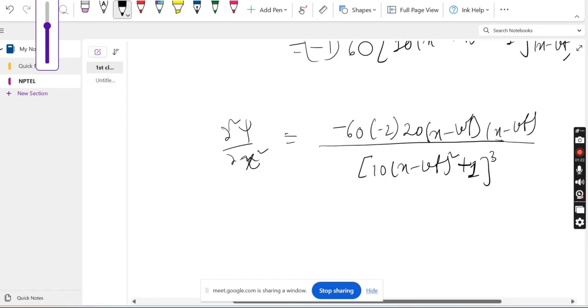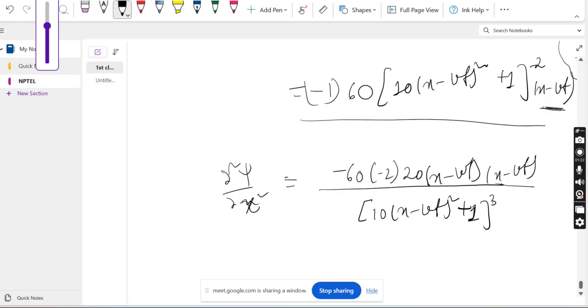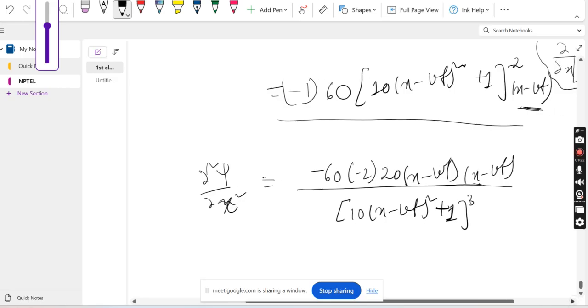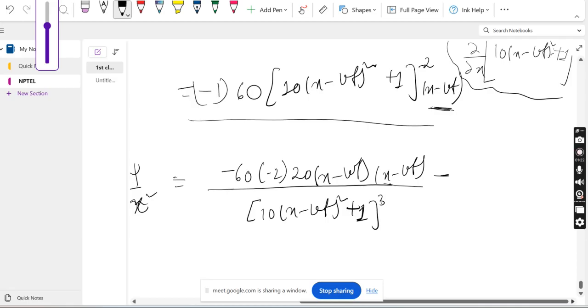Here x minus vt was constant in the first term, and this was del psi by del x. In the first term, we keep this constant and differentiate this term. In the next half, we keep this part constant and differentiate x minus vt. So that would be 60, then x minus vt whole square plus 1 whole square.